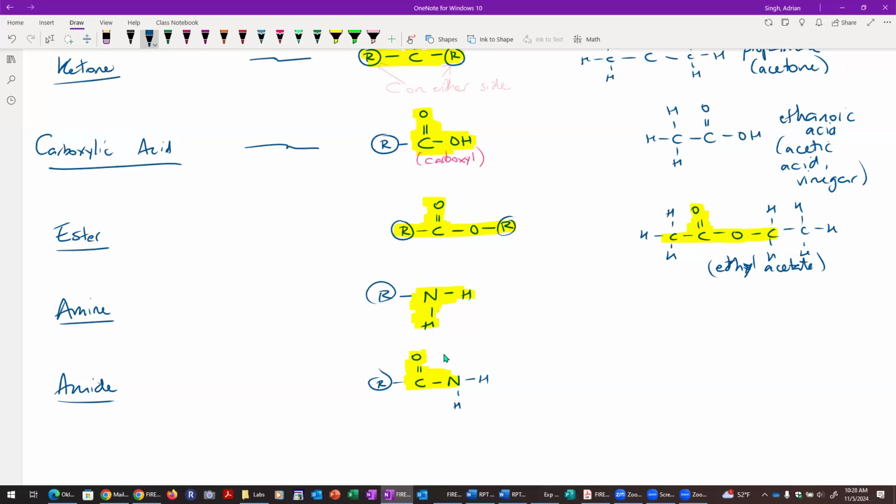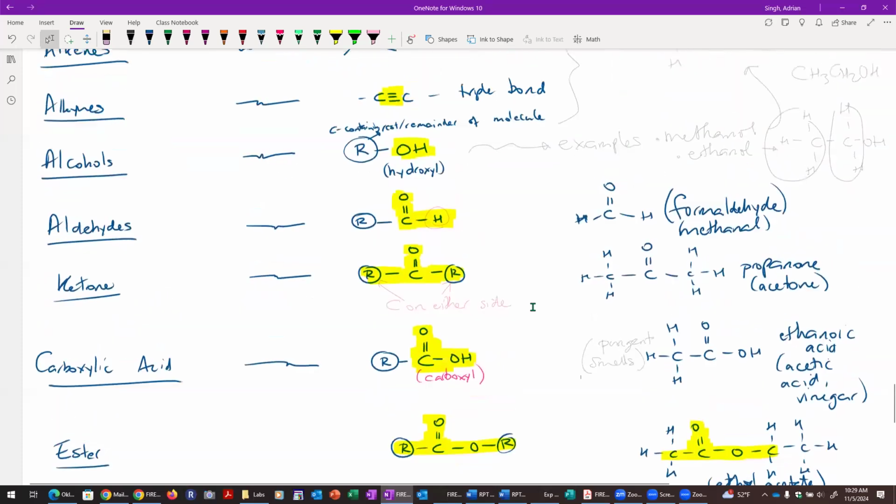By the way, esters usually tend to have very pleasing or nice aromas, smells. Carboxylic acids tend to be a little bit more pungent. If you think about vinegar, for example, there's a very distinctive smell associated with it.